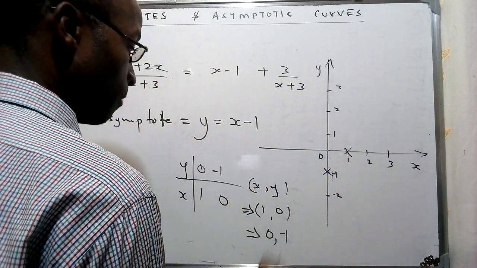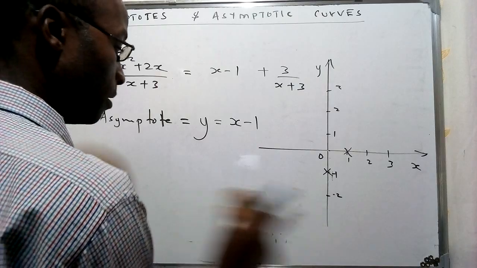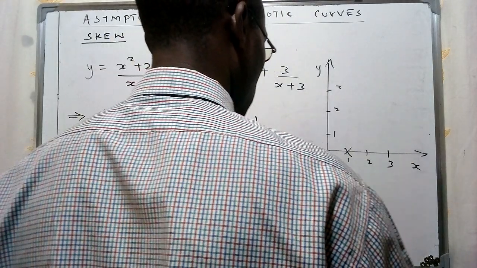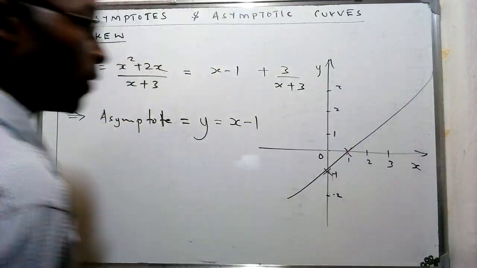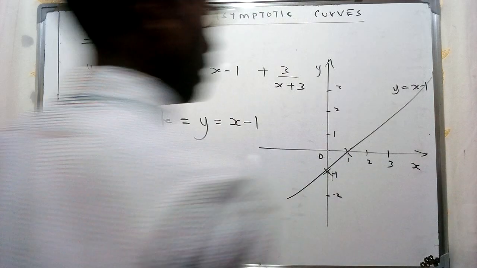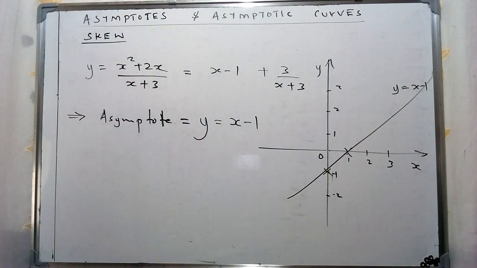And therefore, we're going to have our specific line for this asymptote given in terms of this particular line that's going to pass through these two specific points. And it's going to be the line of y is equivalent to x minus 1, and that's going to be forming our asymptote.